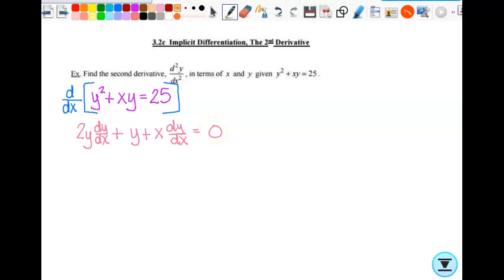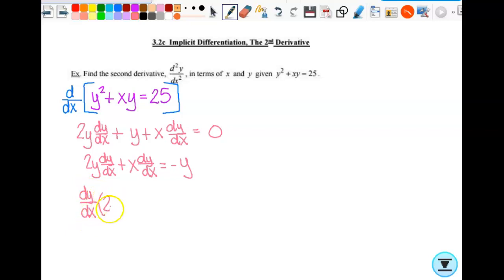Everybody with me? Okay, so now I check back up here. I have 2 terms with y in it, I have 2y dy dx and x dy dx, so I'm going to leave those over here: 2y dy dx plus x dy dx equals negative y. Then I'm going to factor out that dy dx.